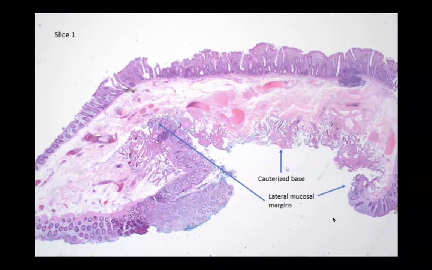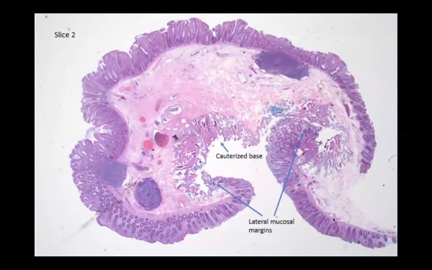So for a bigger piece, it would be good for pathology assessment to pin the tissue. But this was great. We can look at the lateral margins and all the cautery at the base, and the polyp features just at the surface. So there's no invasion, nothing.